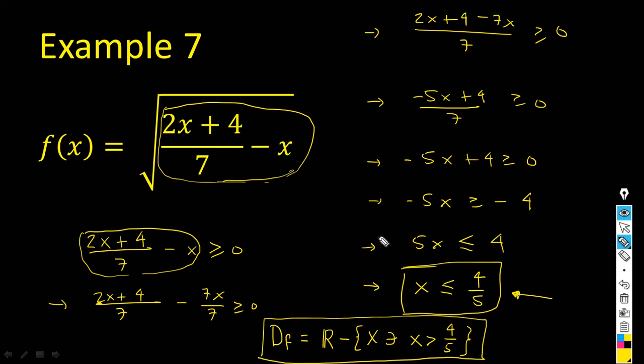It will be defined. But if you give it any number inside this set, the set that we are kicking out of the domain, for example, the number 10, which is greater than 4 over 5, if you evaluate the function at 10, this function is gonna crash. So do that type of experiment, those confirmations, at least once or twice for every function, and you will start to understand what we are doing.